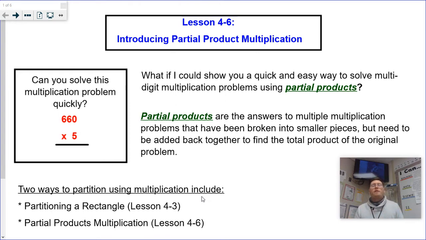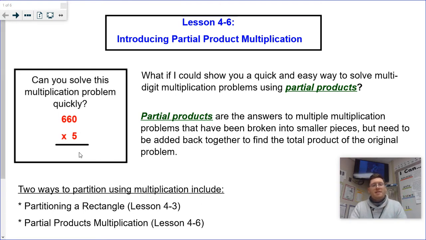So you might be asking yourself, what is a partial product? Well, partial products are answers to multiplication problems that have been broken into smaller pieces, but they need to be added back together at the end to find the total product of your original problem.